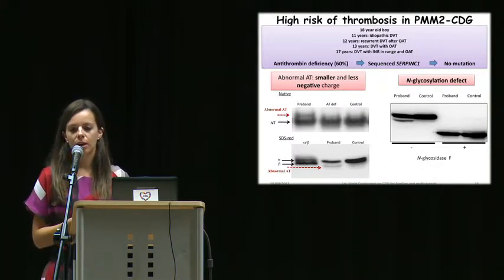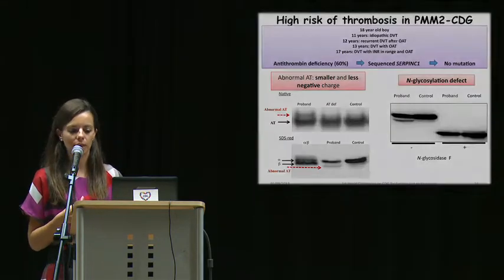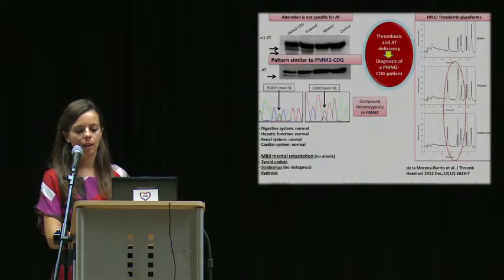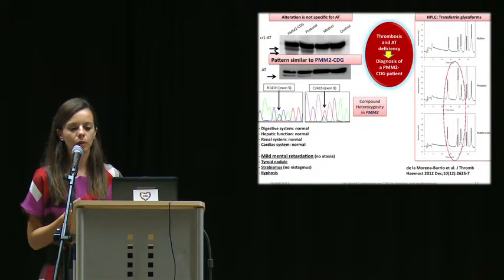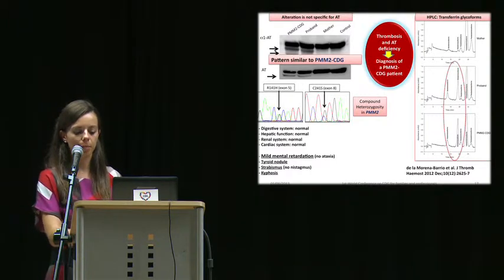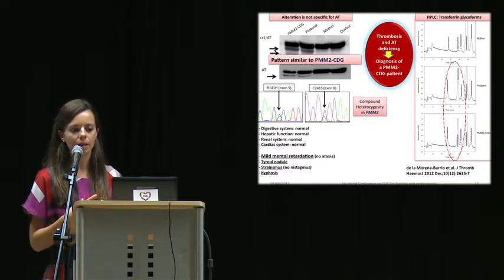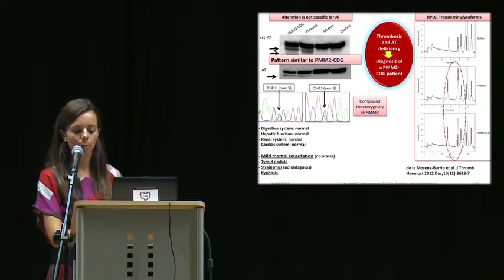And that's why we connected with this disorder, the congenital disorder of glycosylation. And we started to think about this disease, and we recruited a patient with a PMM2-CDG in order to compare the glycoforms of a PMM2-CDG patient with our proband.